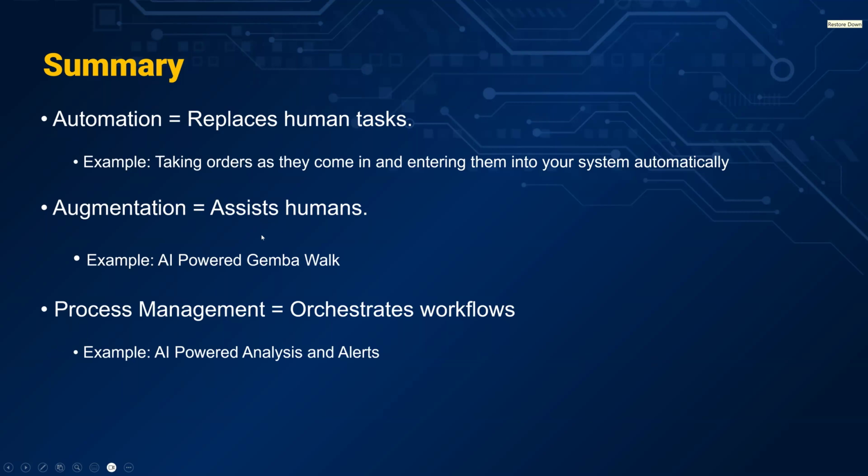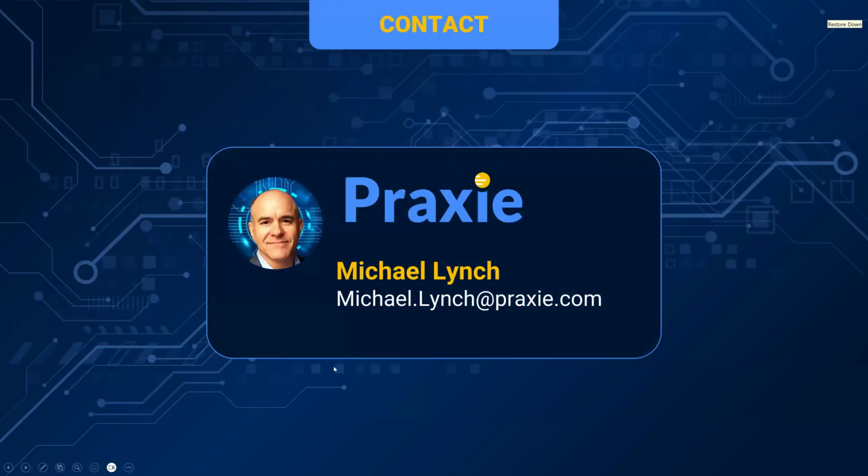Augmentation assists humans. Example, the AI-powered Gemba walk we showed you, where the AI is actually filling in the gaps in knowledge, helping that worker be more effective in actually doing that work. And the last one, process management, really orchestrates full workflows and provides the detailed analysis of those processes, et cetera. So those are the three that we wanted to cover today.